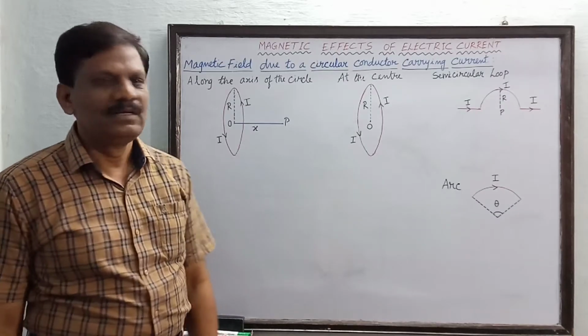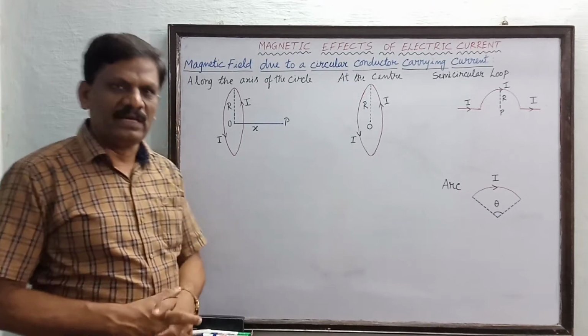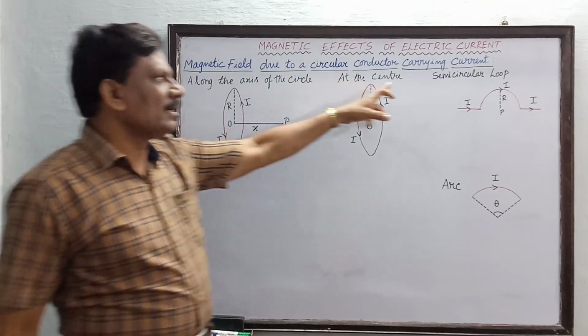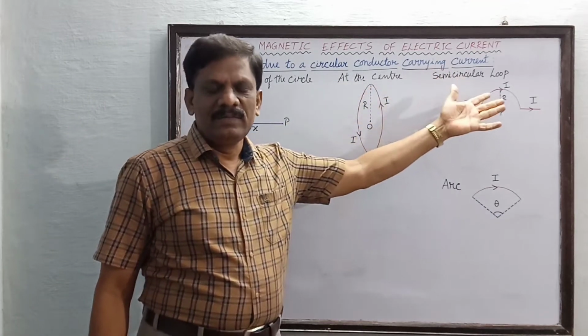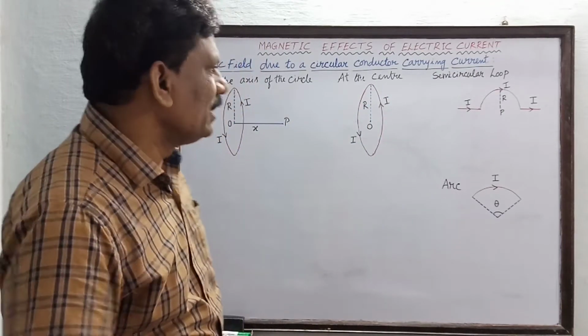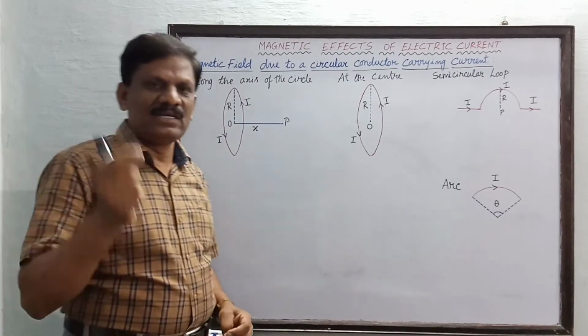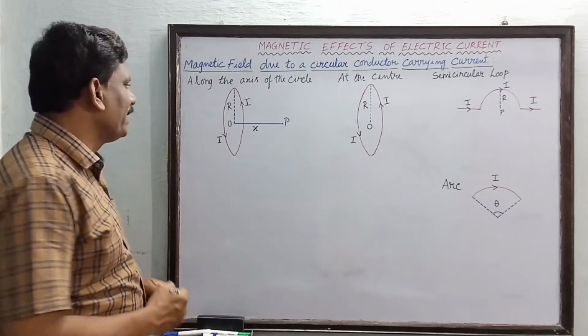Hi students, now we are going to discuss how to find the magnetic field due to a circular conductor carrying current under different cases. First I will consider a single circular loop carrying a current I ampere.